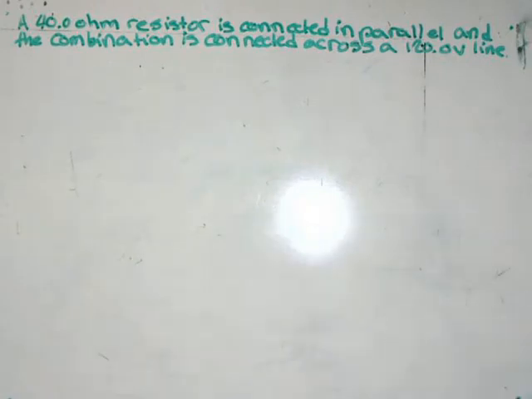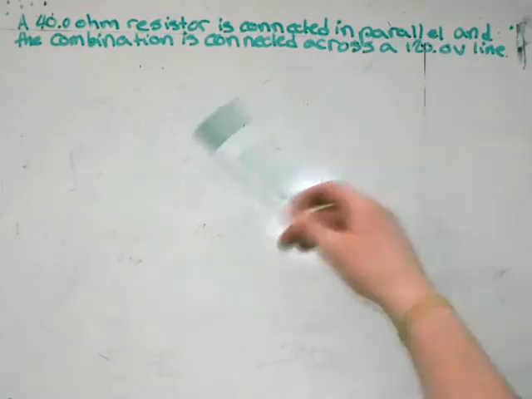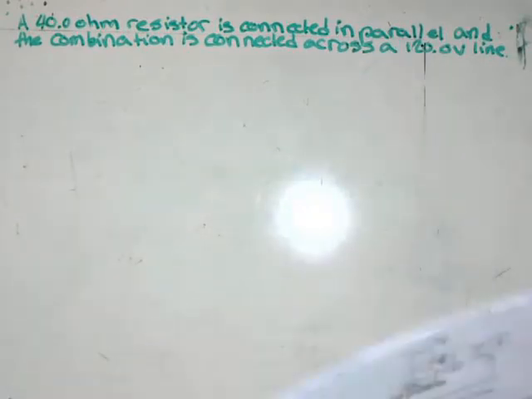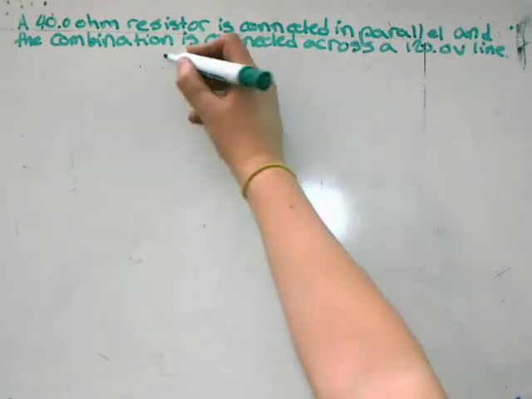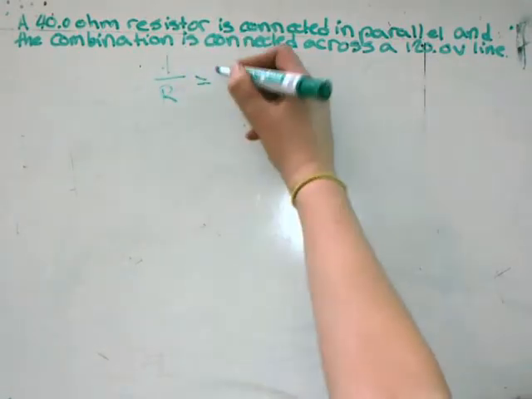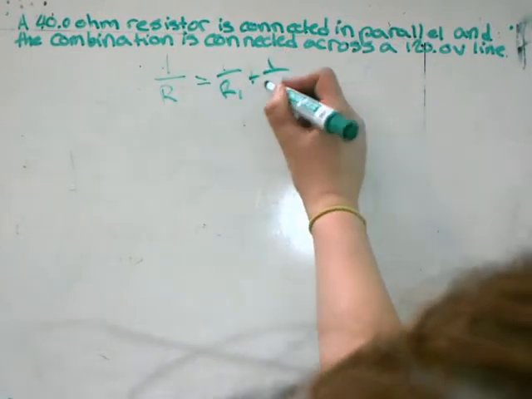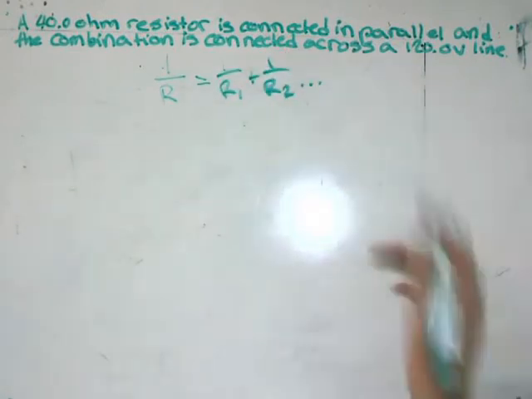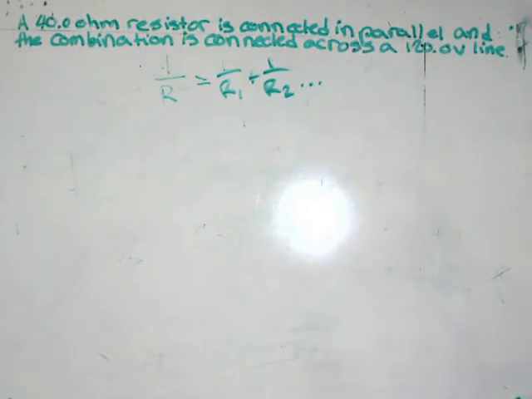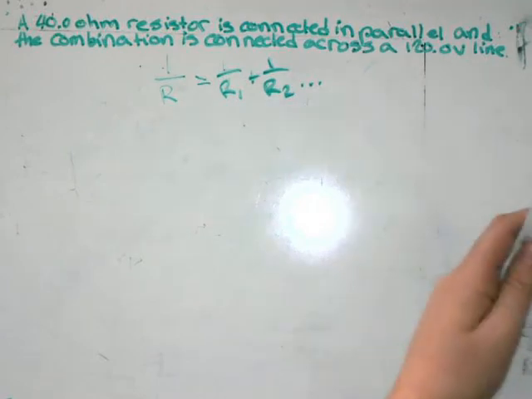combination? So the equation when a circuit is connected in parallel for the total resistance is 1 over total resistance equals 1 over resistor 1 plus 1 over resistor 2, and so on, however many resistors you have. In this case, we only have 2 resistors, 40 ohms and 60 ohms.